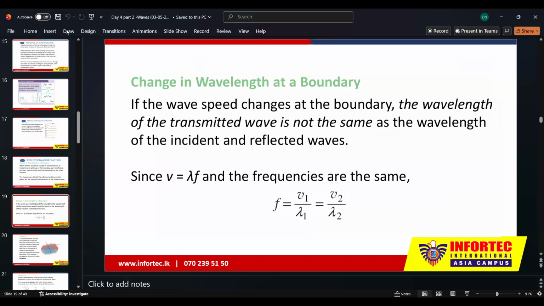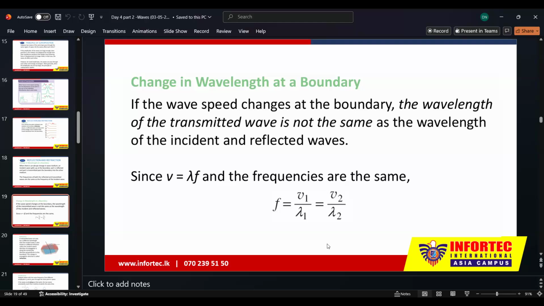V is equal to f lambda, and the frequencies are the same. So the frequency in medium 1 is v1 over lambda 1, and the frequency in medium 2 is v2 over lambda 2, but these two should be equal. You should remember that frequency is not changing.